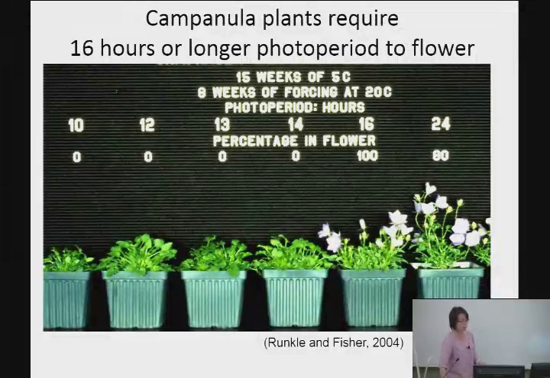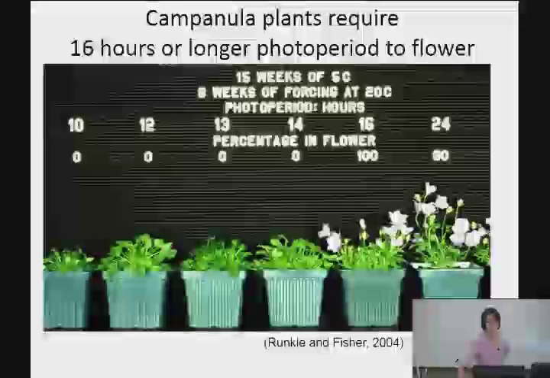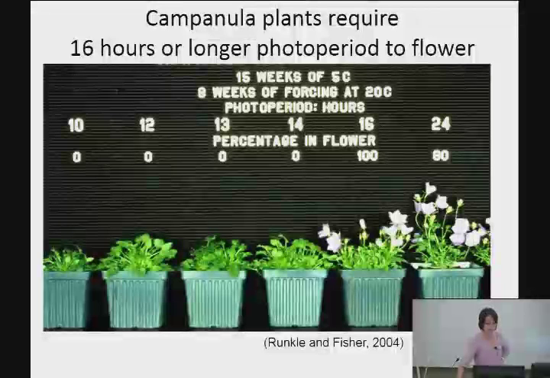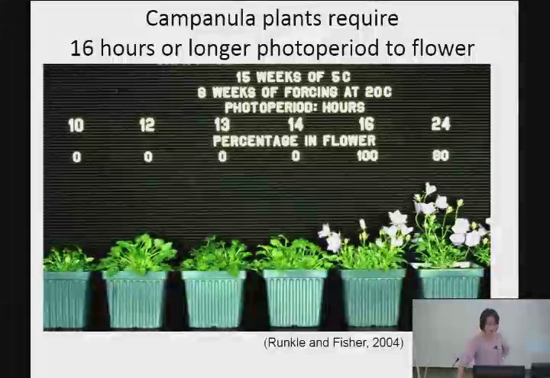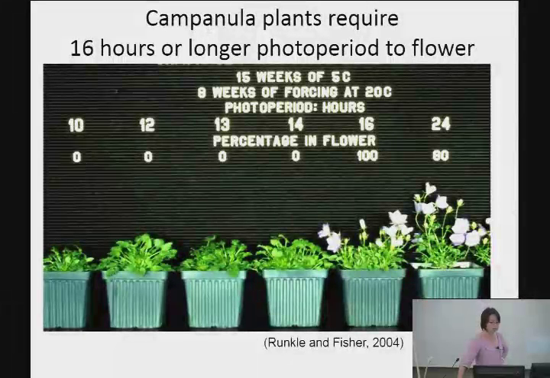users of this technology. All right, this is a slide provided by Michigan State University, Erik Runkle's group. He is a professor there in the horticulture department. They did a lot of studies looking at very different species and different varieties, and their photoperiodic response: what photoperiods actually trigger flowering or not flowering.